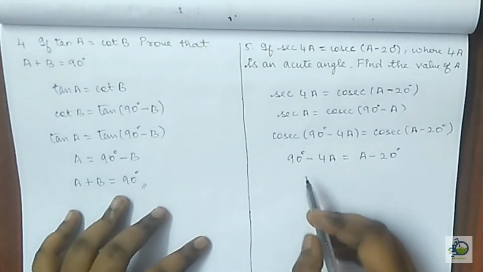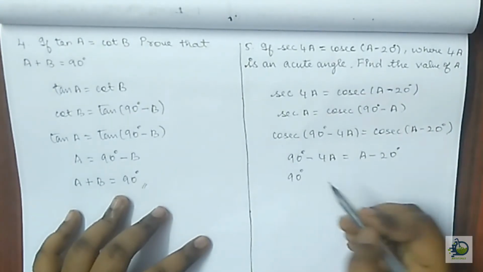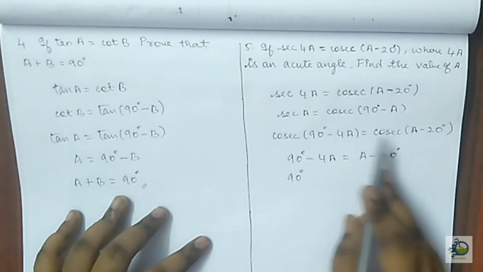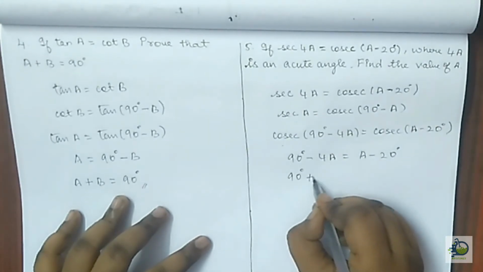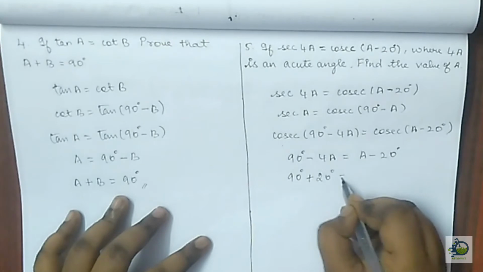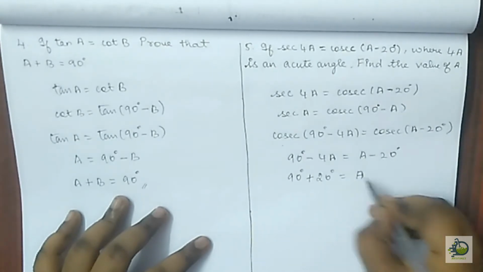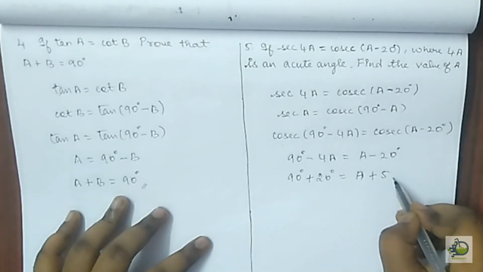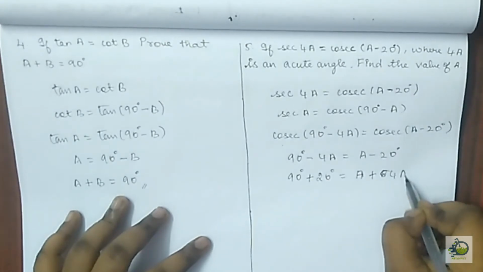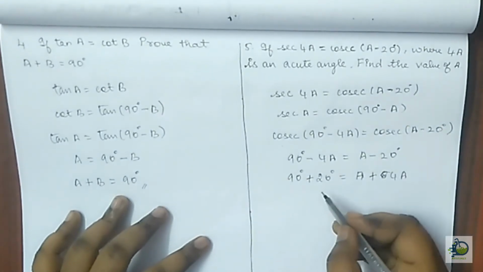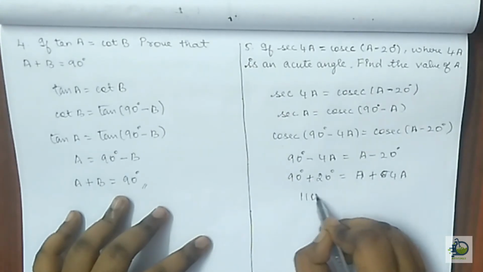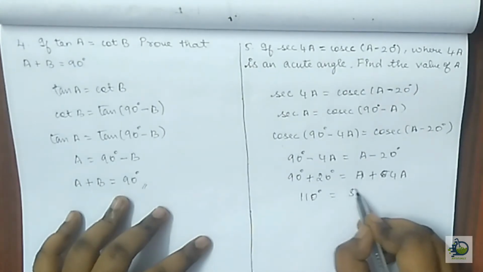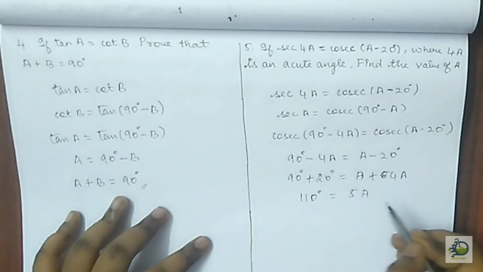Here 90 degrees I keep as it is, and minus 20 degrees when it comes to this side becomes plus 20 degrees, and A I keep as it is, and this minus 4A when it comes to that side becomes plus 4A. Now 90 plus 20 is 110 degrees, which is equal to A plus 4A, which is 5A.